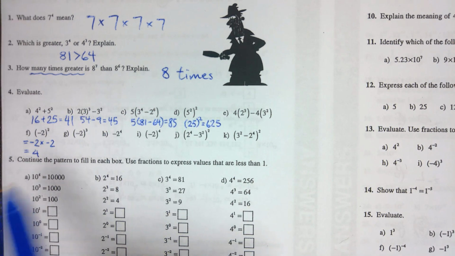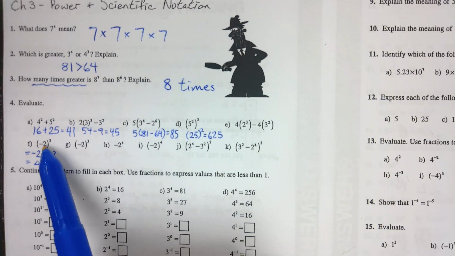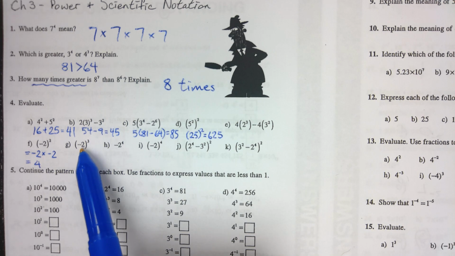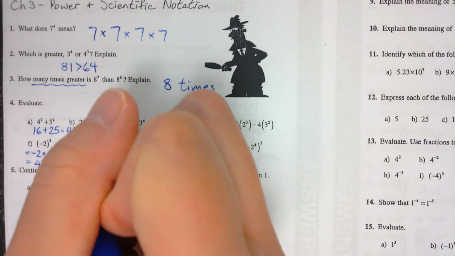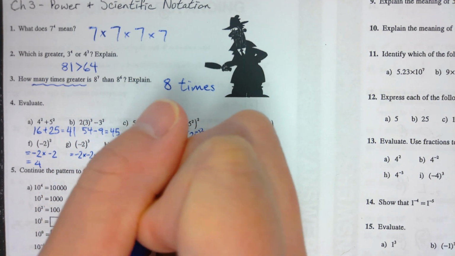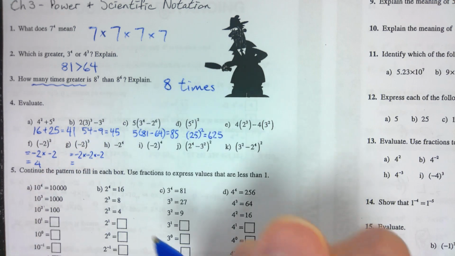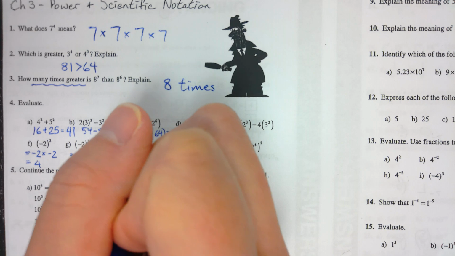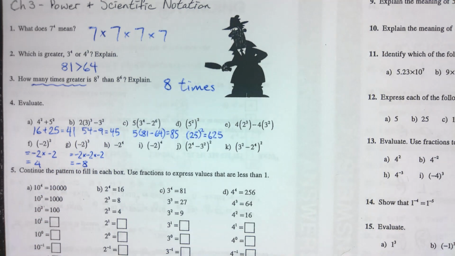Okay, so notice the difference between this and, oh, actually, no, not yet. I'm jumping ahead of myself. Okay, so negative 2 in brackets cubed. This will mean negative 2 times negative 2 times negative 2, which gives you negative 8. I heard 8.